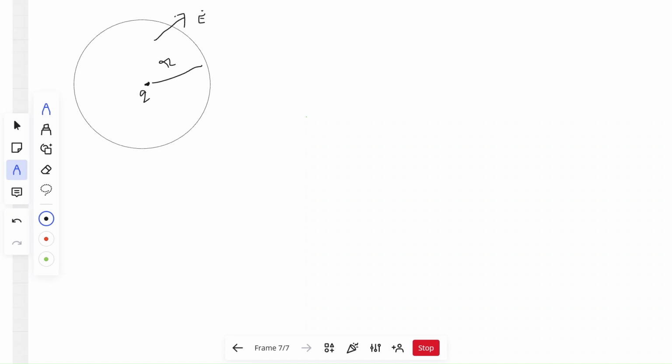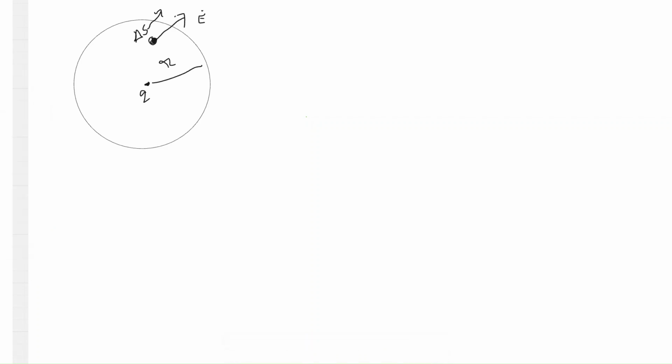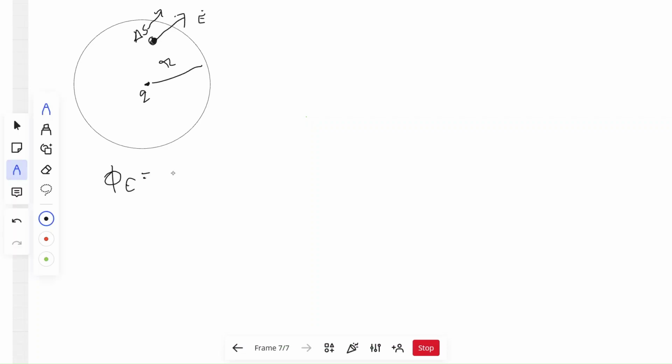Now consider a small element del S. This small element called del S is also pointing normal, radially outwards. Now, the normal to the element of area del S is parallel to E. According to Gauss law, we know that phi E is equal to Q by epsilon naught.